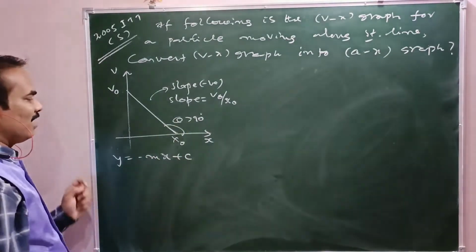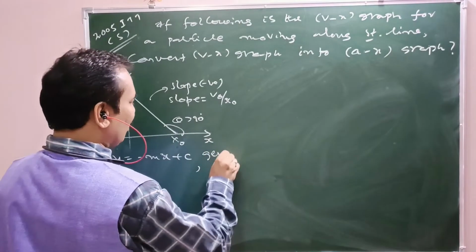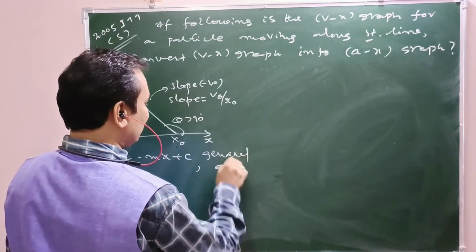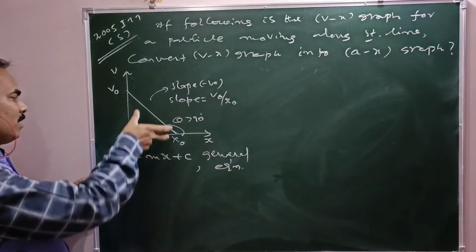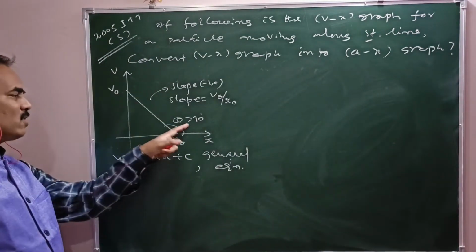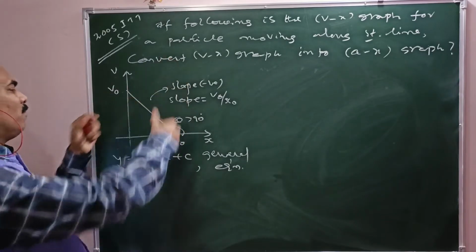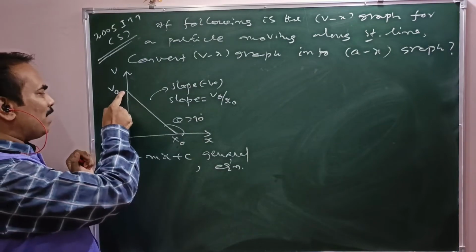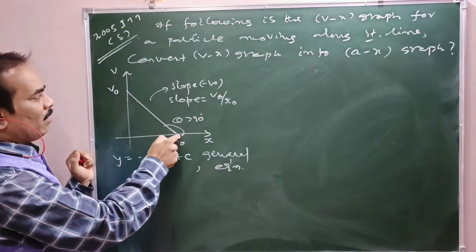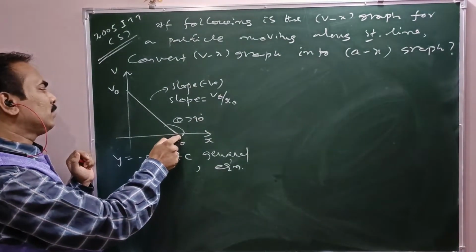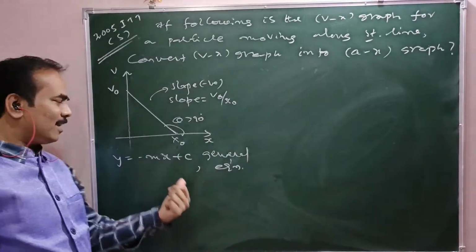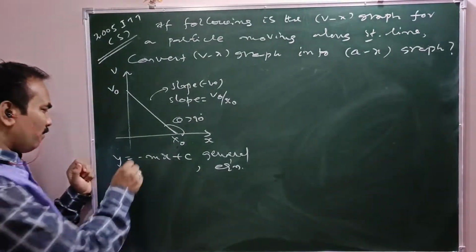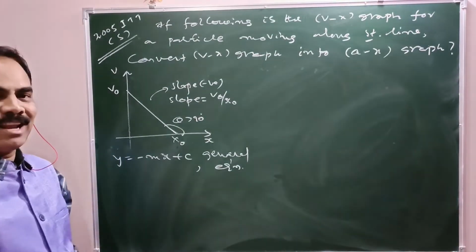This is the general equation for a straight line that appears like that with a negative slope, lying above the positive x-axis, starting from a max value and becoming 0 at a particular x value.